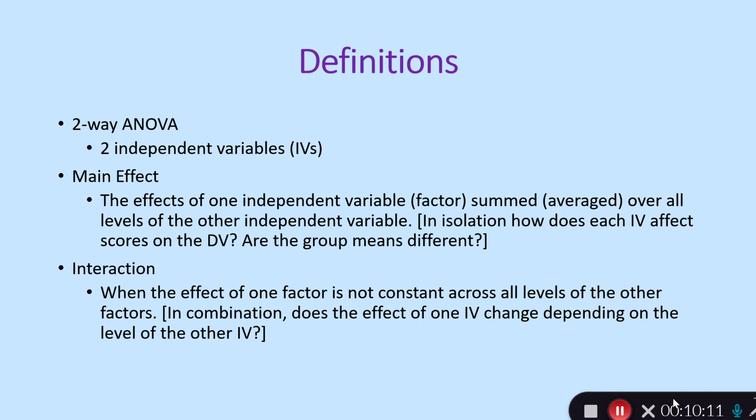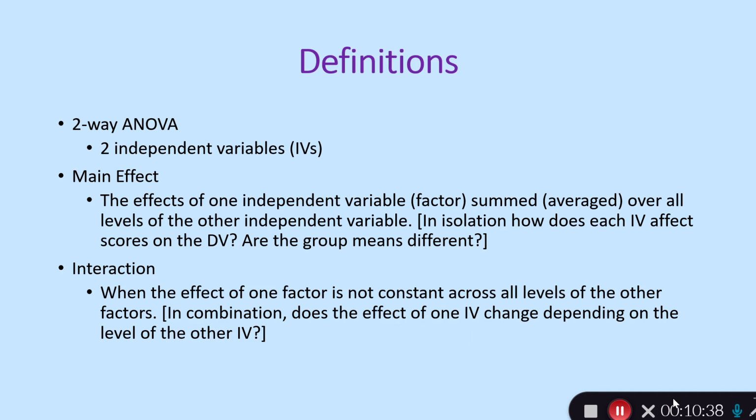So we've got our two-way ANOVA, we've got two independent variables. So a main effect refers to the effect of one independent variable or factor summed or averaged over all levels of the other independent variable. Okay, so another way to say this would be, in isolation, how does each independent variable affect scores on the DV?